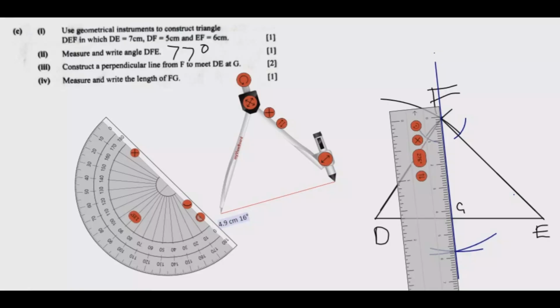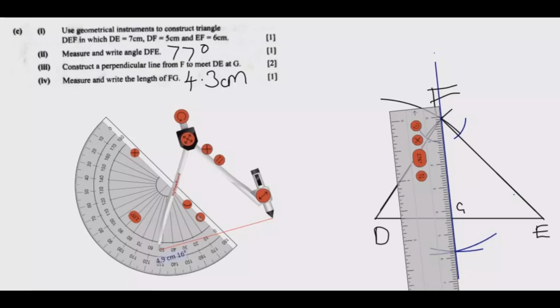Okay, 0 there, then we measure, and that line is 4.3 centimeter. I have to put also the units, because if I don't, then it can be kilometers, can be millimeters, so I have to make sure that I put the units.